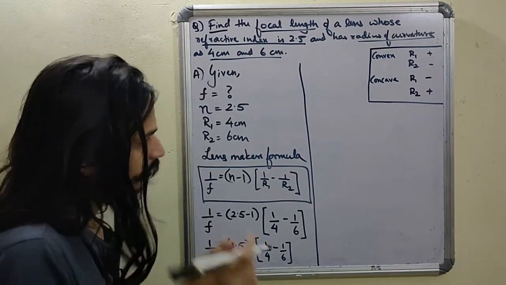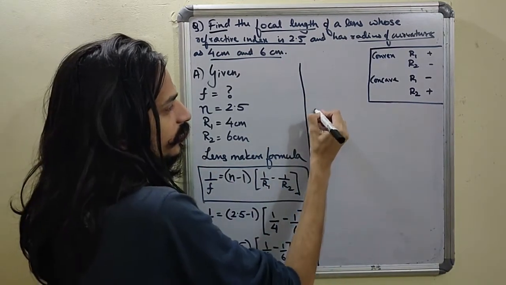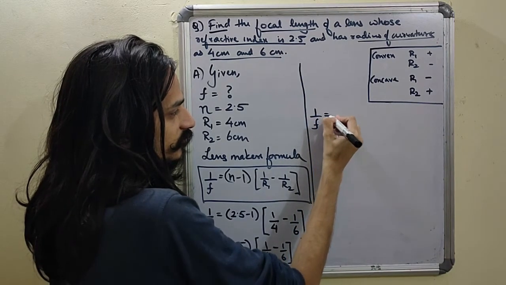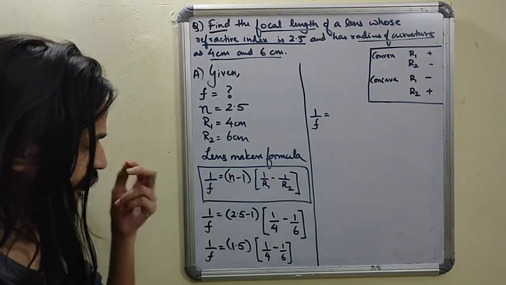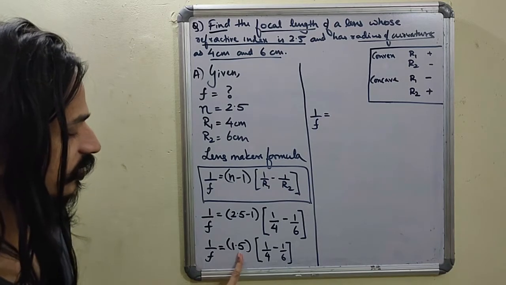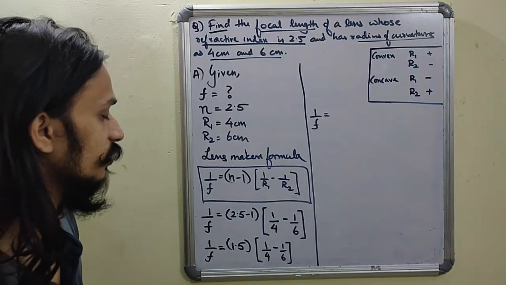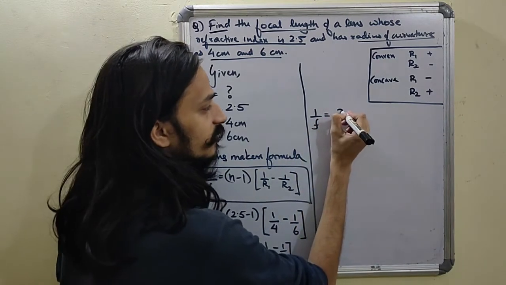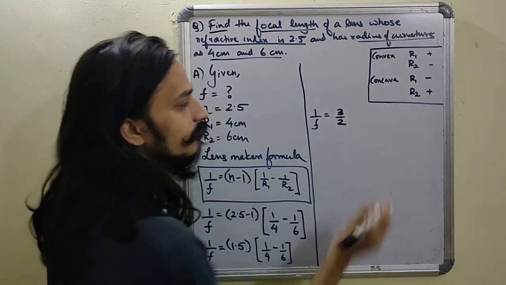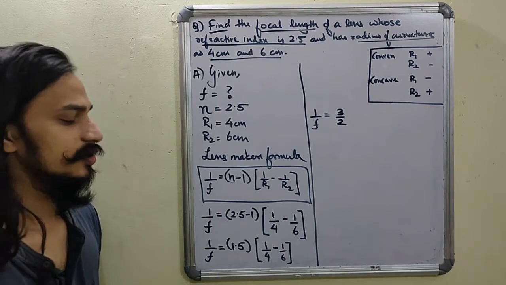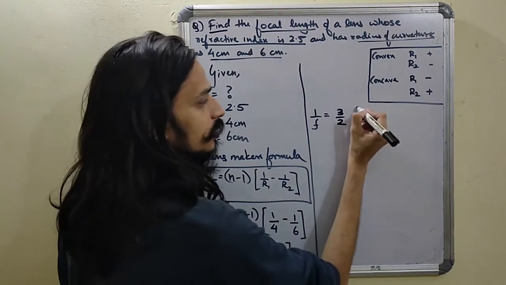Alright, now I'll write 1 by f equals to, since we are working with fractions, I can convert 1.5 into a fraction. I'll write 1.5 as 3 by 2, because 3 divided by 2 is 1.5.